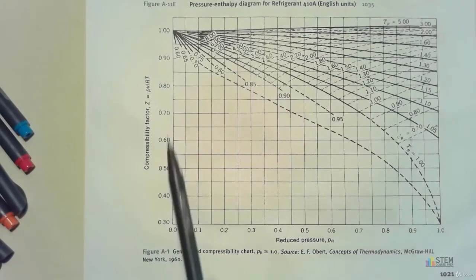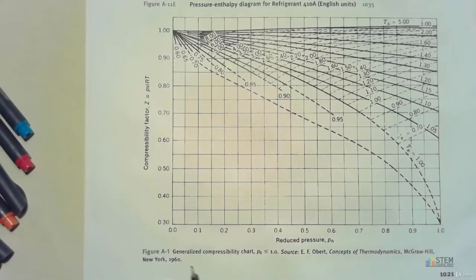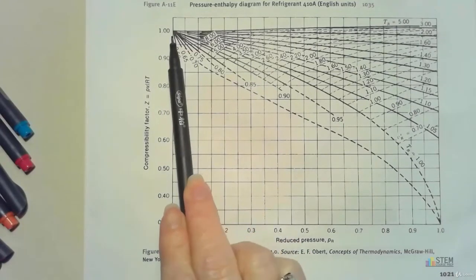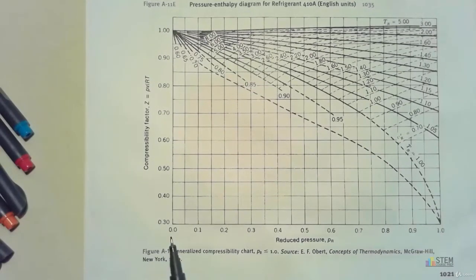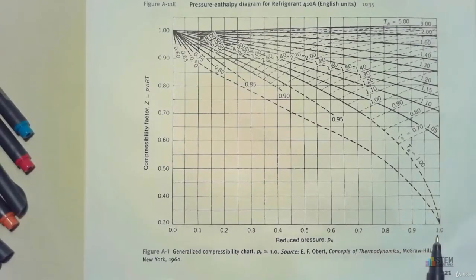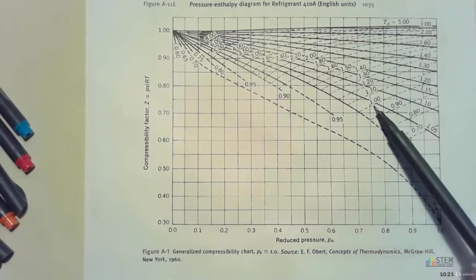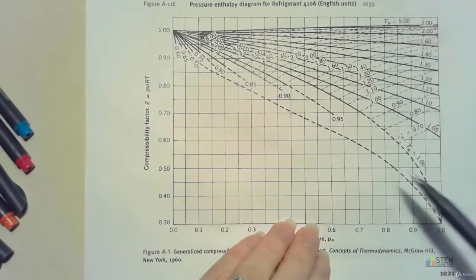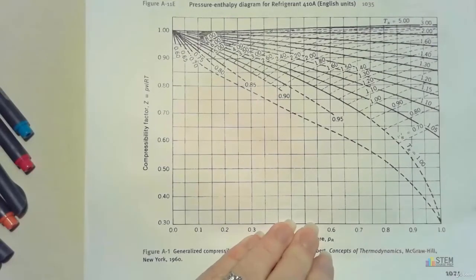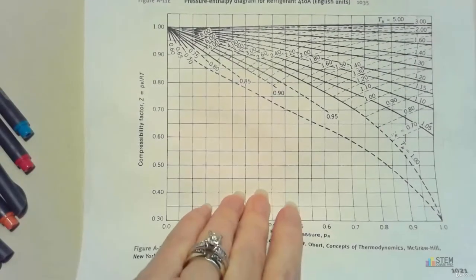Z is still on this axis. Notice the highest value is 1 here. And reduced pressure is on the x-axis. And for this table, it's going to go from 0 to 1 for reduced pressure. And then these numbers up here on the lines, those are going to be your reduced temperatures. All right, so you can see here it says TR. So you can see kind of how they change, move along the plot.